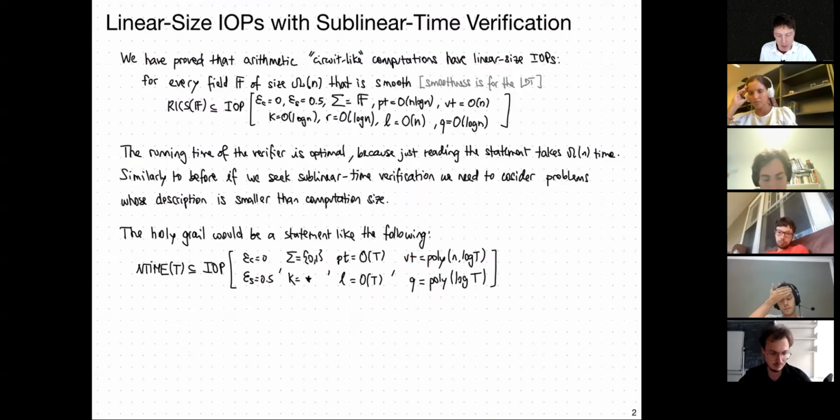So that you have linear size proofs that are verifiable in polylogarithmic time, for any time t computation specified by some machine, whether it is a Turing machine or a random access machine.